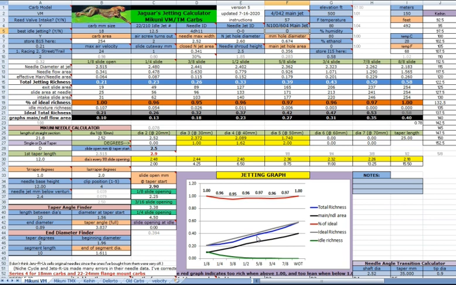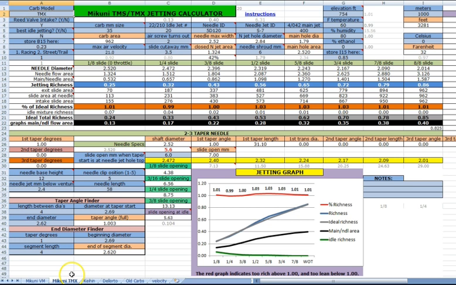So this spreadsheet will make you a jetting expert. I'm serious. It's amazing what I've learned by using this. And it's not that hard. You just follow the directions. I say measure A, measure B, subtract B from A to get C, and put that number here. It's just a matter of following directions.